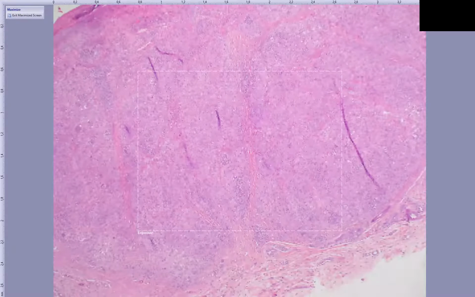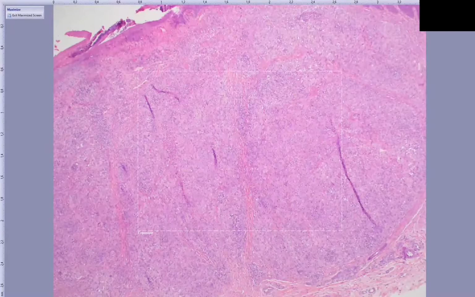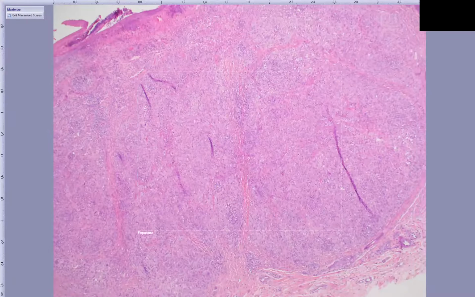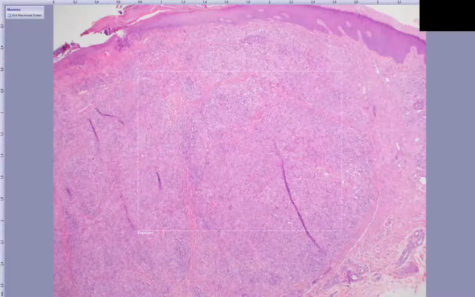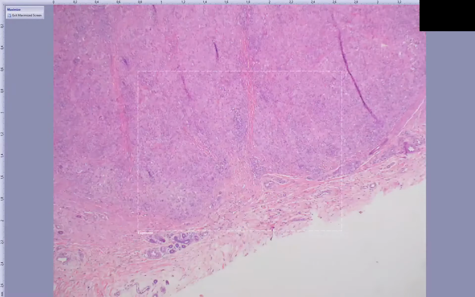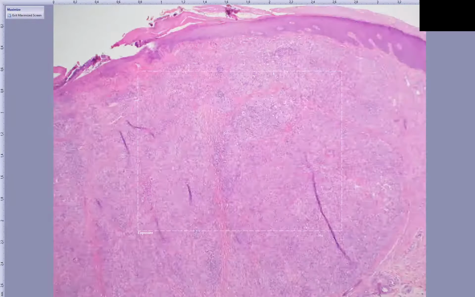And then the last example I want to show is an infection. So infectious granulomas characteristically tend to be comprised of neutrophils. So you'll see granulomatous inflammation, but you'll see a lot of neutrophils. In this example, we have a well-circumscribed nodular infiltrate in the dermis.